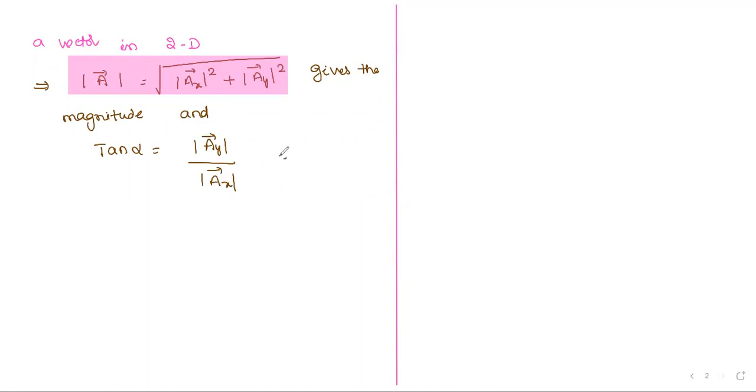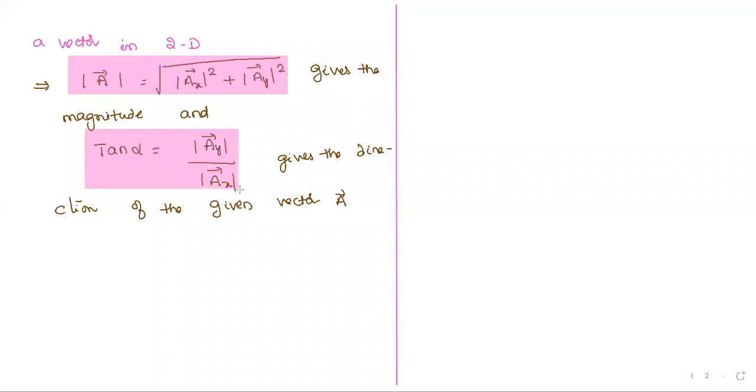Okay, gives the direction of the given vector A bar. Okay, this is the way how to represent. It gives the direction and it gives the magnitude.